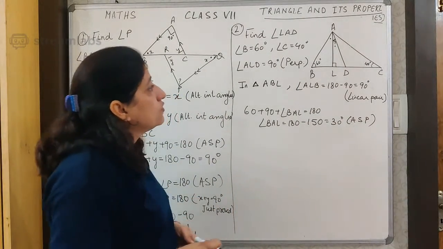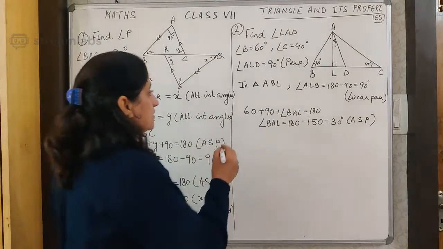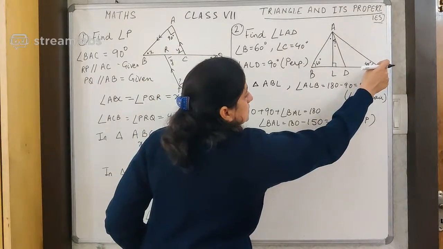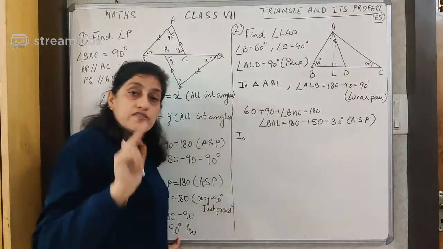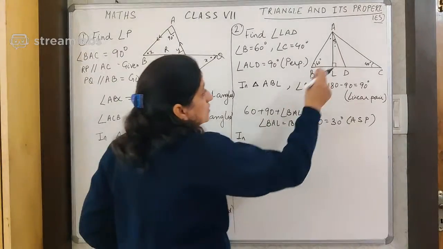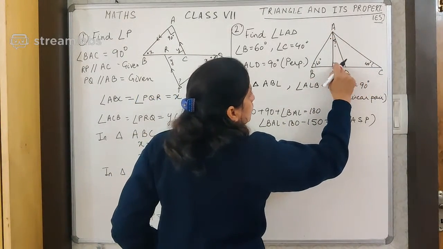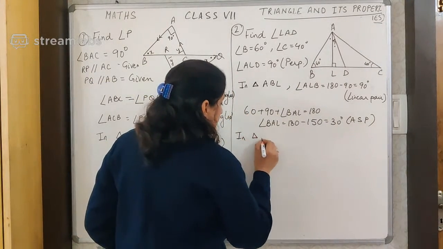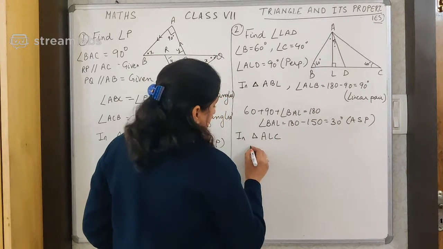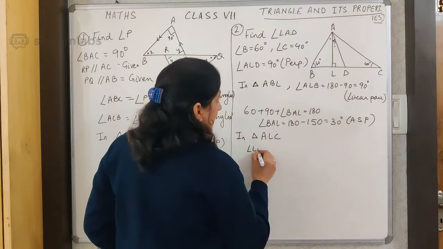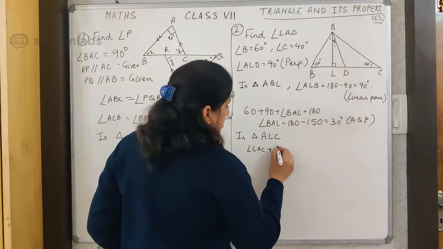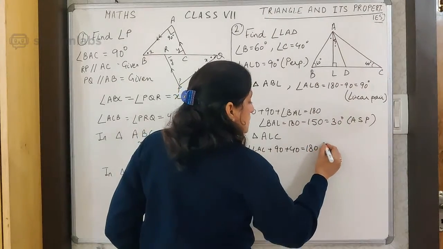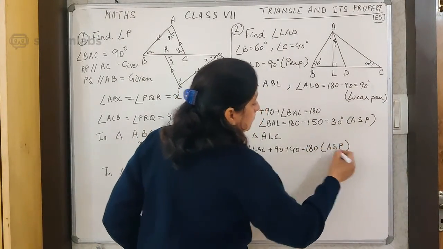Okay. Now we move on to the next triangle. Now we take another triangle, ALC. We will take ALC because in this triangle ALC I know two angles, 90 and 40. Okay. So in triangle ALC, angle LAC plus 90 plus 40 is equal to 180. Same reason, angle sum property.